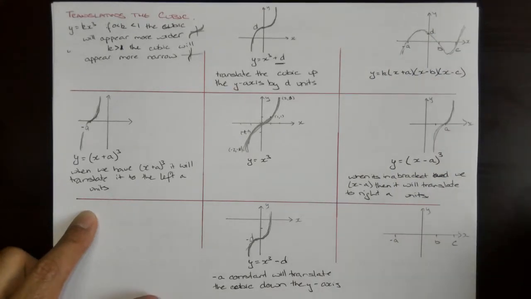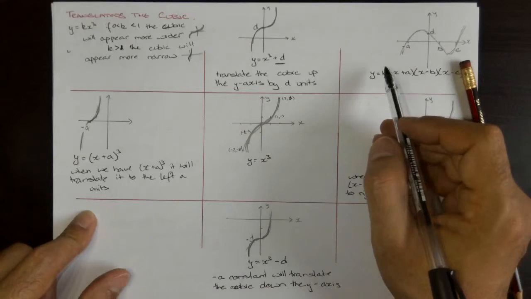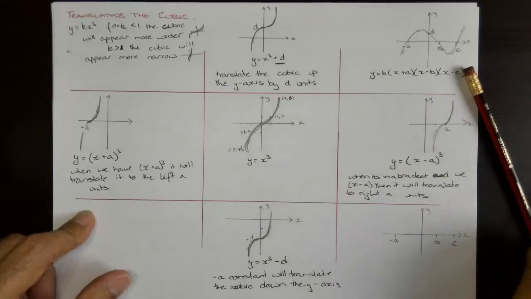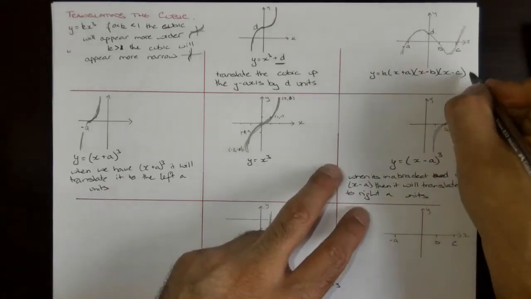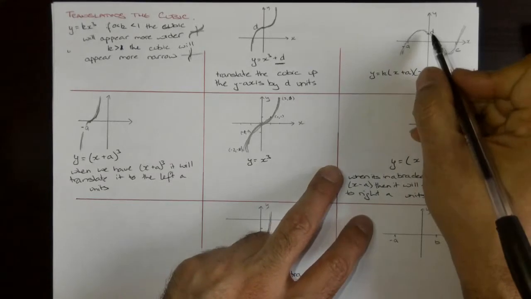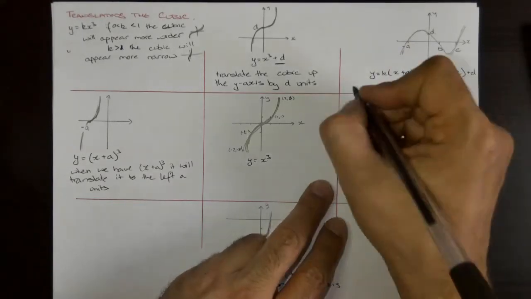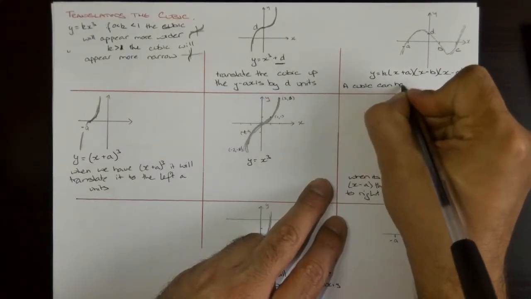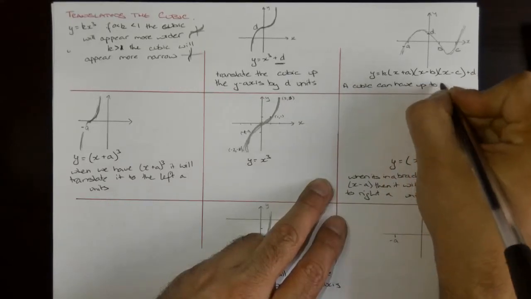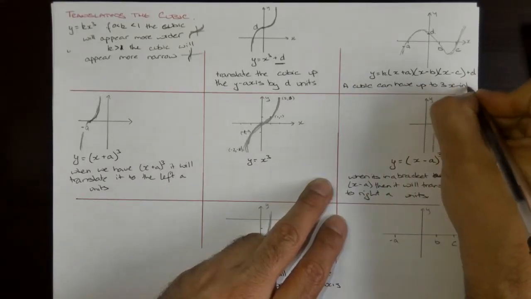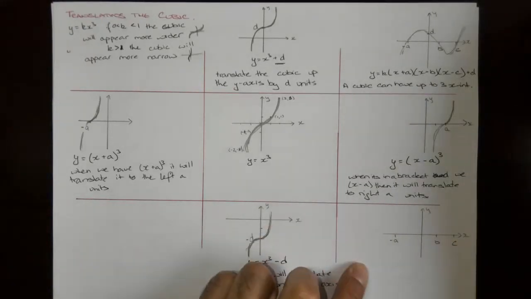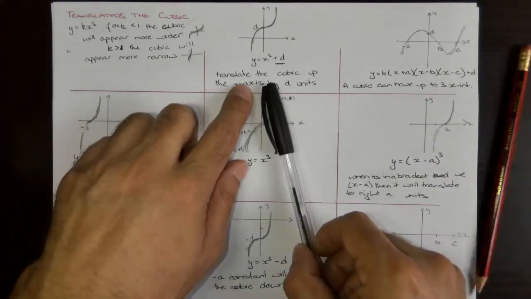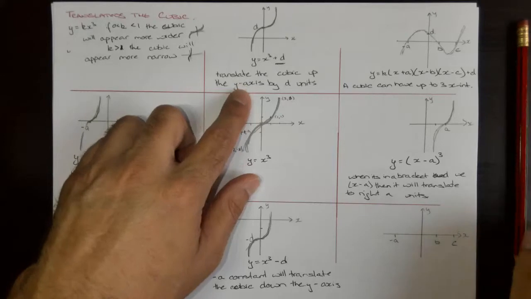So when you have 3 factors, it will also go through 0. I can also add d if I wanted to shift it up the Cartesian plane. So a cubic can have up to 3 x-intercepts.